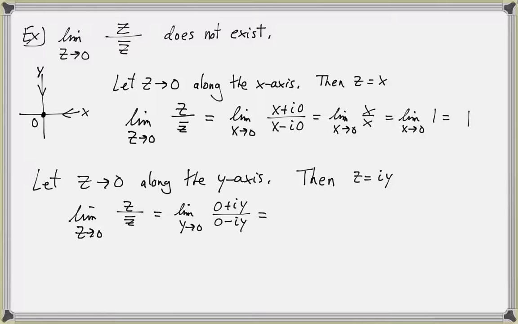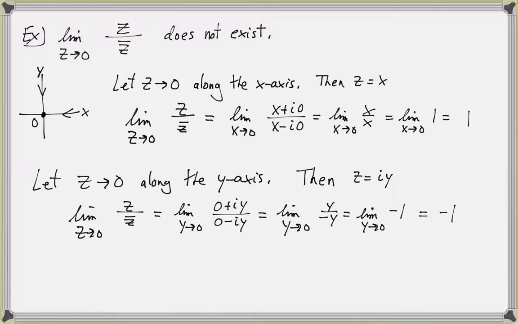And this expression simplifies to the limit as y approaches 0 of y over minus y, which always equals negative 1. And so the limit of negative 1 as y approaches 0 is negative 1.